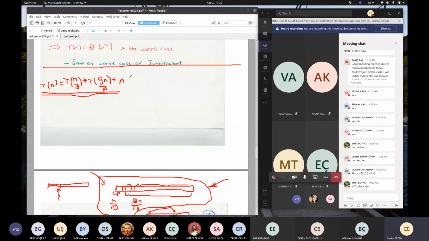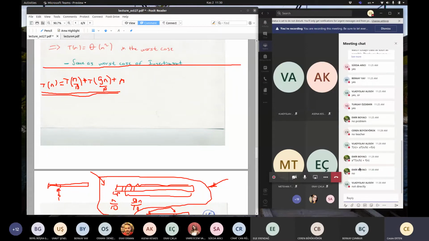We could not, right? Because it is not in the format A times T of n divided by B plus f of n. Which means that we have to resort to our traditional method of solving recurrences, which was constructing a recursion tree.